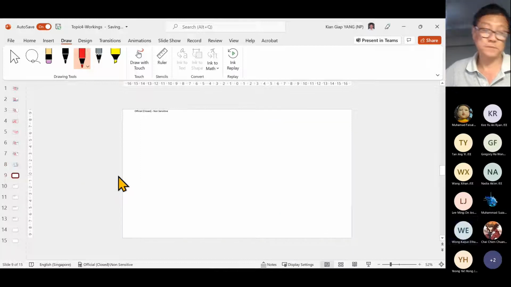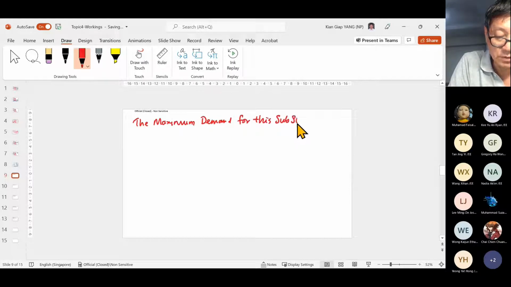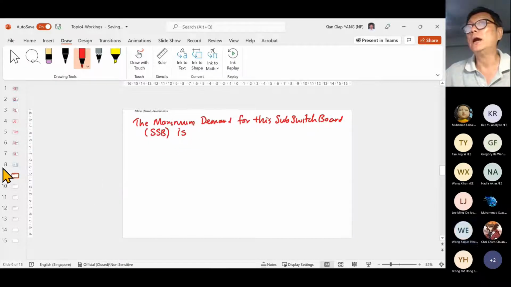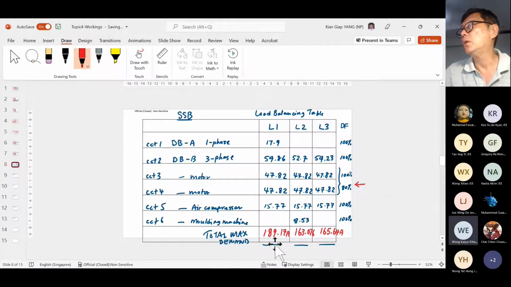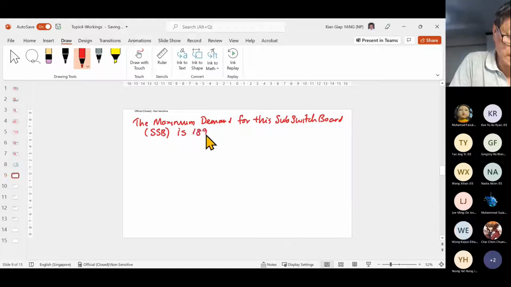I must tell people the maximum demand for this sub switchboard, because we call this sub switchboard, so therefore I'm going to use the same term, or sometime in bracket we say SSB is, I look at the tree, I zoom in on the highest value, 189.17 ampere, three phase.